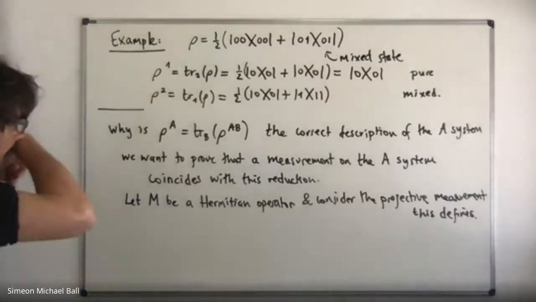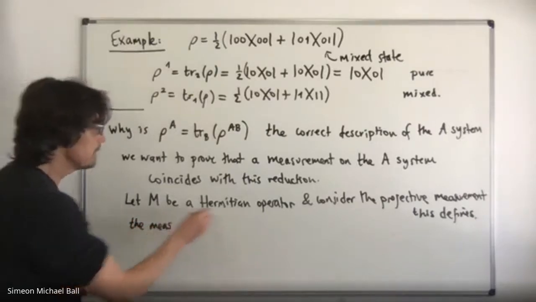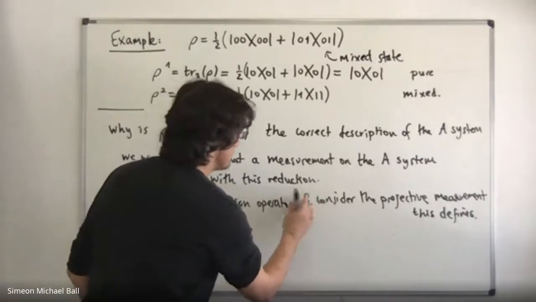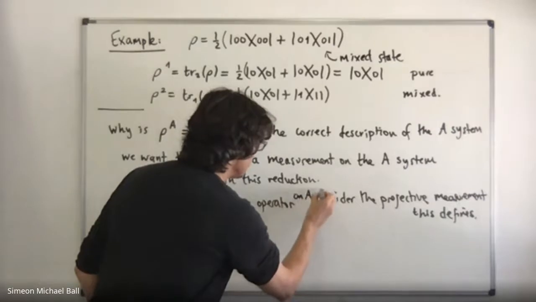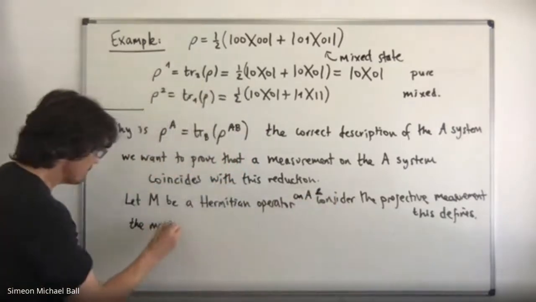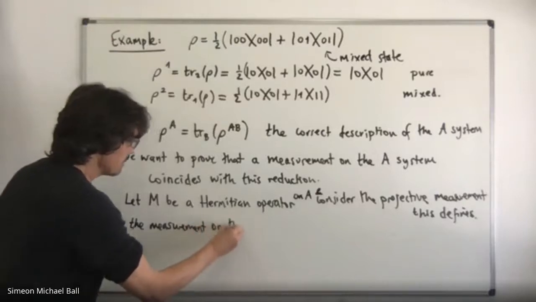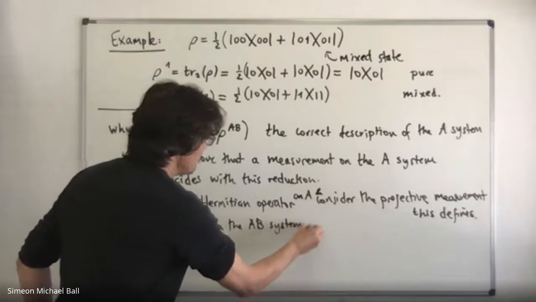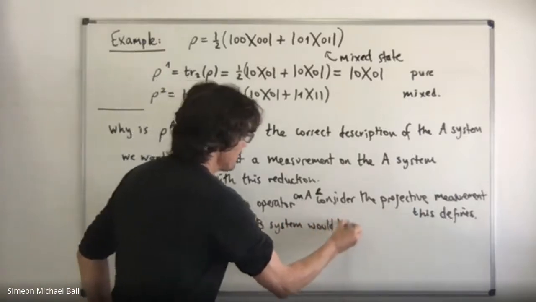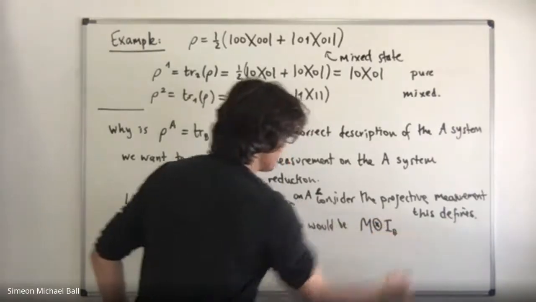So the measurement on the A system, on the AB system, would be M tensor the identity on the B system.